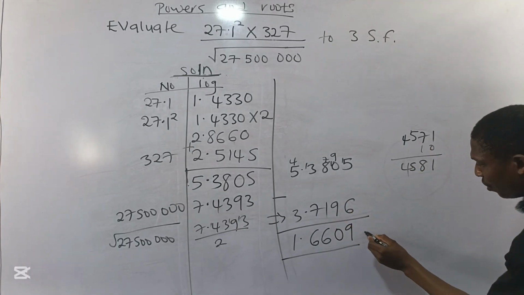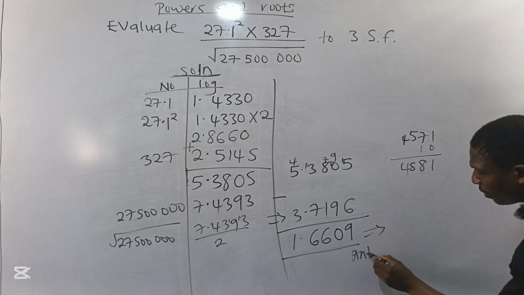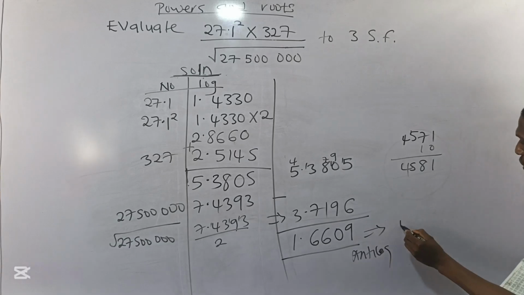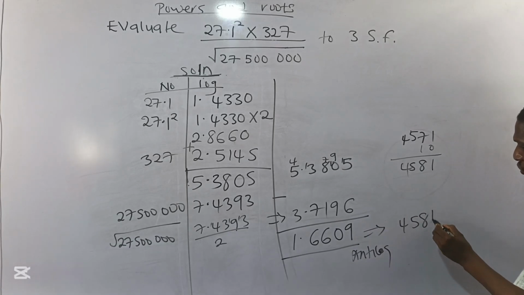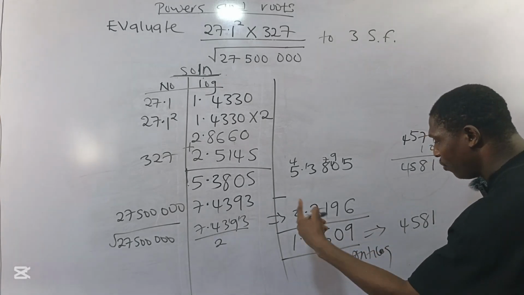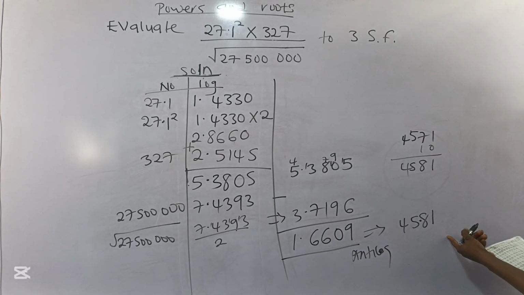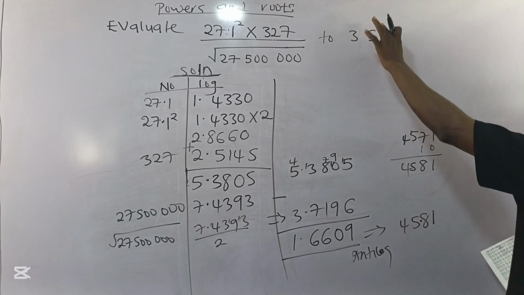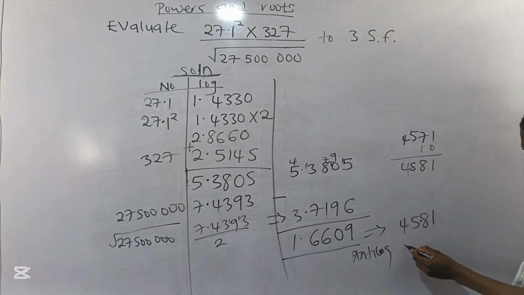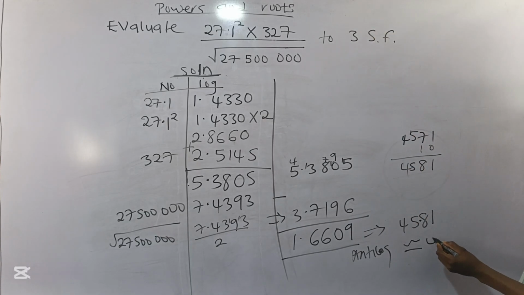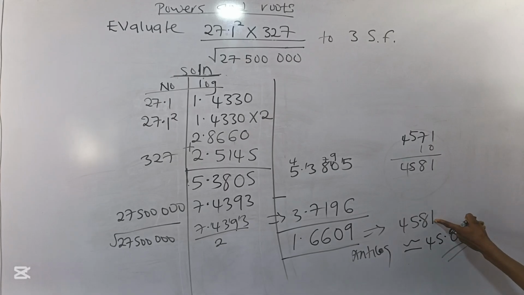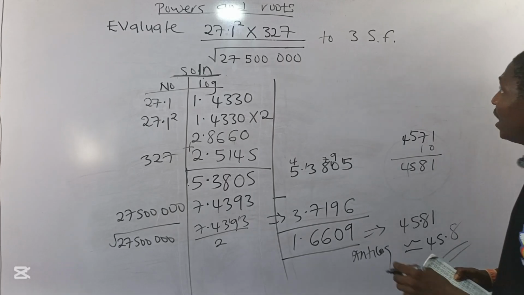So I'll have my antilog to give me 4581. Since I have 1 here, I'll add 1 to give me what? 2. So it becomes 45.81 as my answer. But they said to 3 significant figures. So this approximately equals to what? 45.8. Since 1 is not greater than 4, 8 remains the same. And this is my answer.